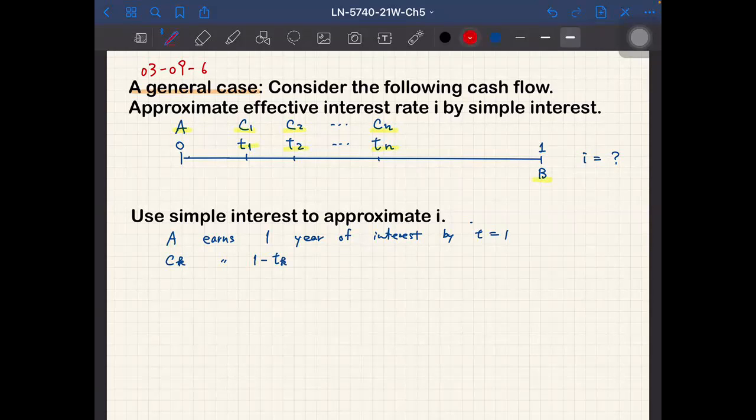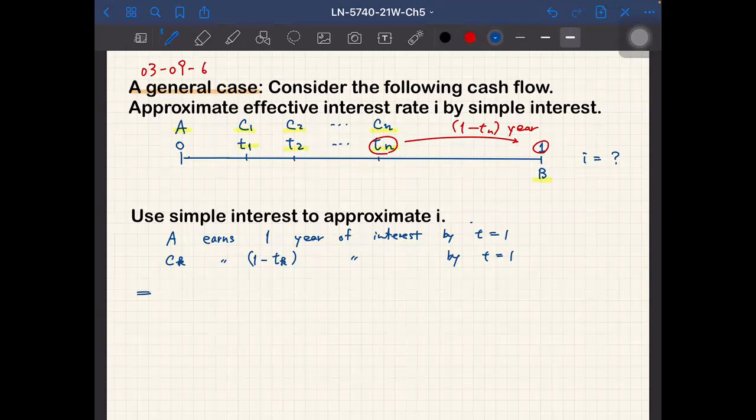So for example, this one, Tn to 1, is 1 minus Tn years. So in general, Ck earns 1 minus Tk years of interest by t equals 1.